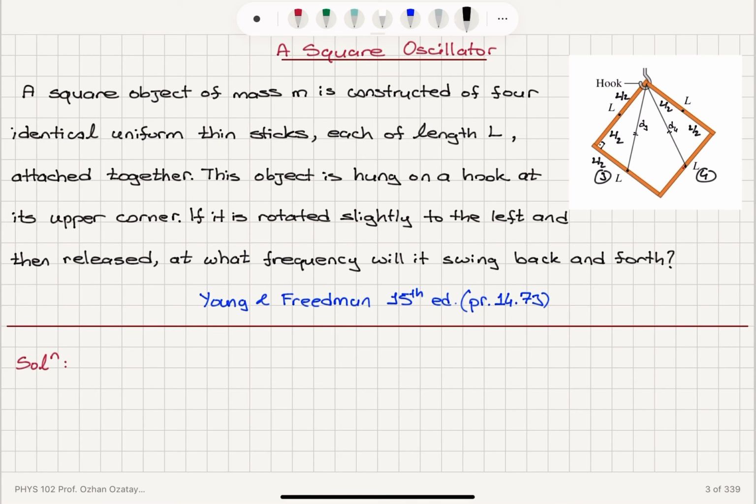Okay, so this is actually a physical pendulum, so let's remember what we know about physical pendulums.